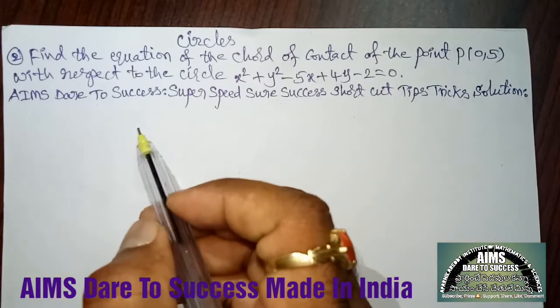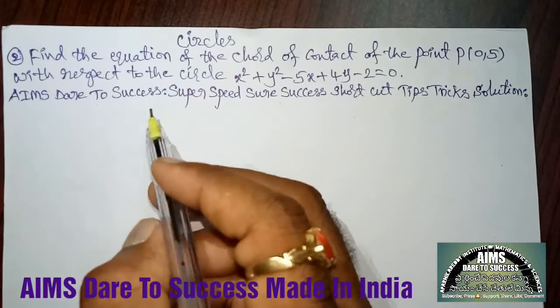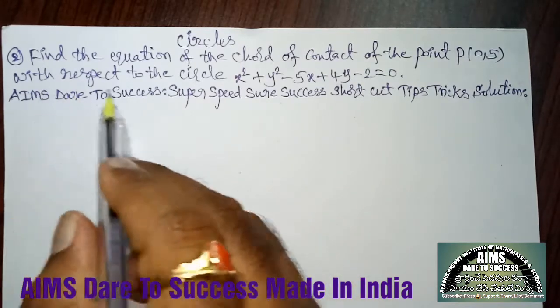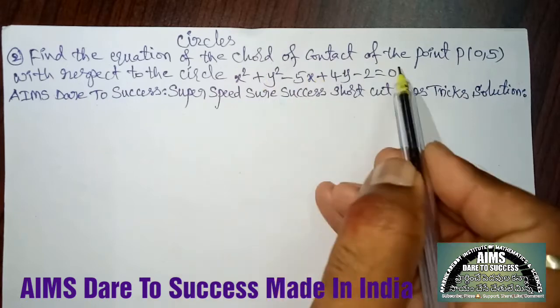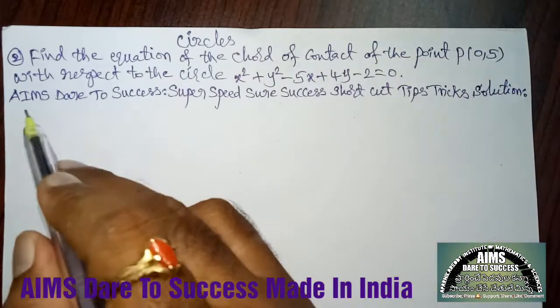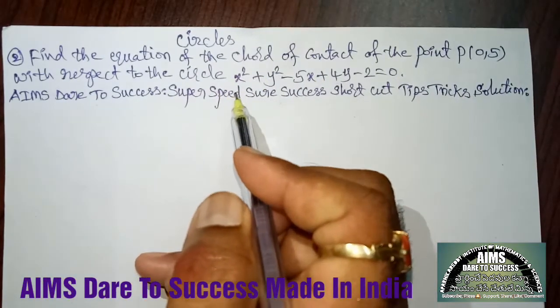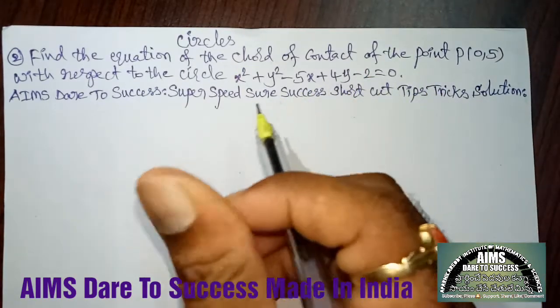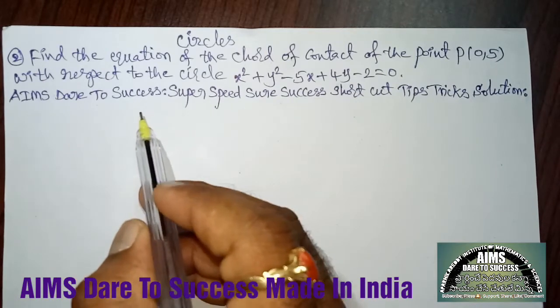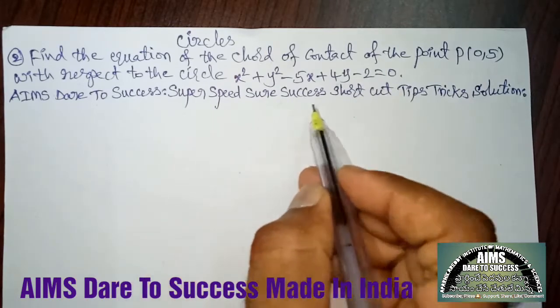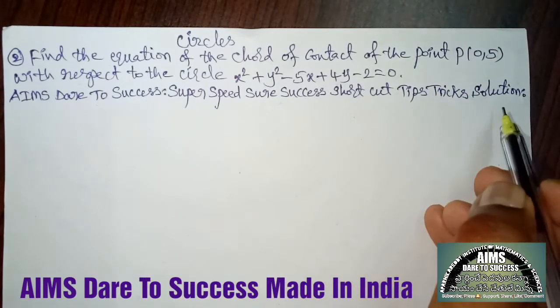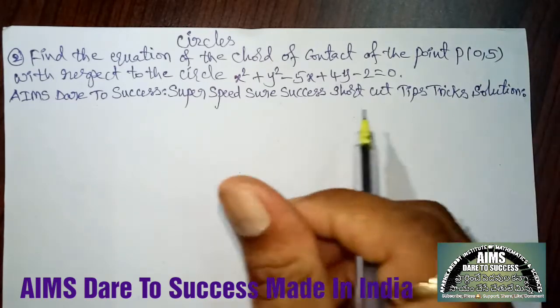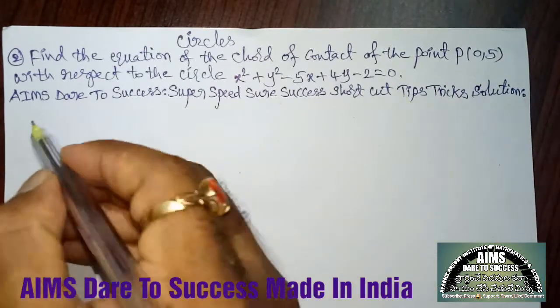Next, one more similar model question, my dear students and friends. Find the equation of the chord of contact of the point P(0, 5) with respect to the circle x square plus y square minus 5x plus 4y minus 2 is equal to 0. Aims Dare to Success heartfully presents super speed sure success shortcut tips and tricks solution within a fraction of seconds especially made for you.